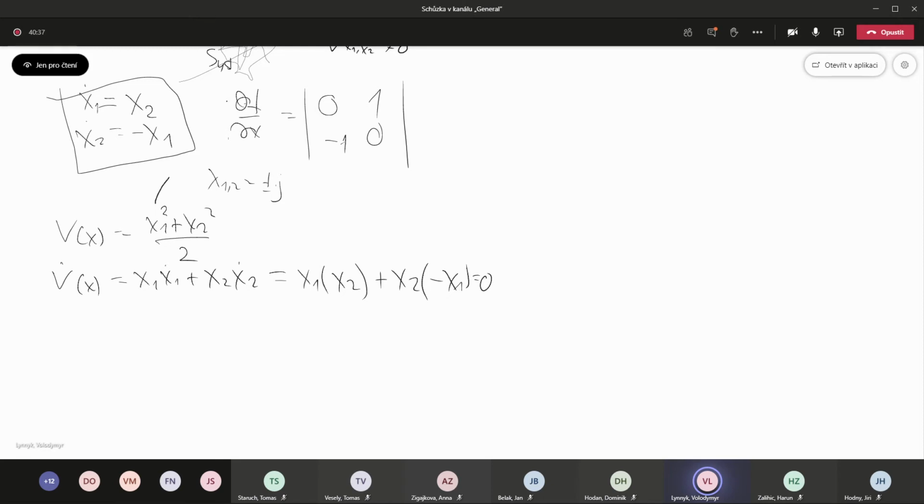It is only a simple example. You can see that V dot equals 0, and what can we say about the system?